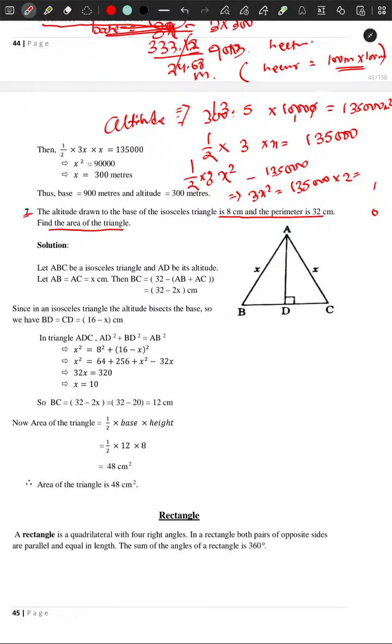The altitude is 8 cm and the perimeter is 32 cm. Find the area. How can we find the area?